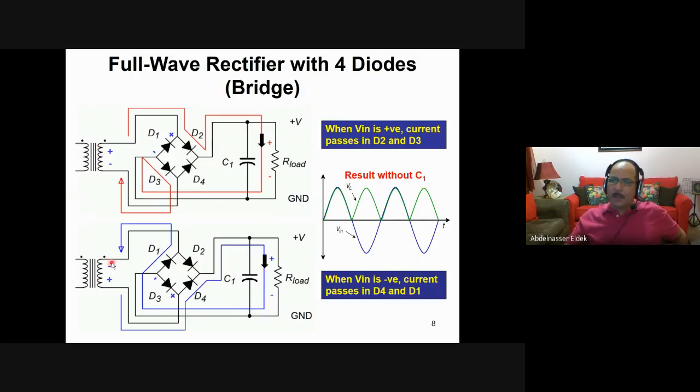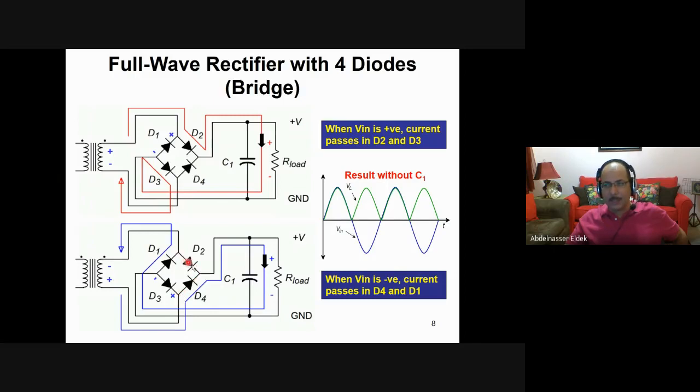Same if this one is negative and this one is positive. In this case, we will have the current from the positive terminal like this, and it will go in this direction until we reach this node. At this node, this one is open circuit because this is a reverse bias. Then the current will go through D4. This is forward bias.